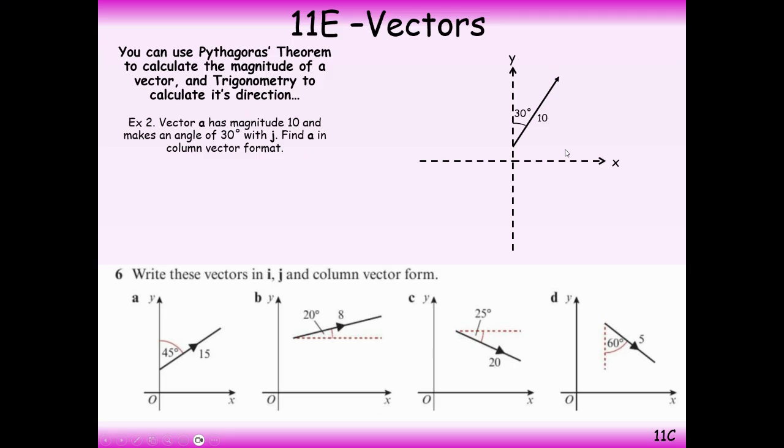So you're going to have to use your right-angle trigonometric ratios to figure out the components of the vector. Components means how far it goes in the i direction, and how far it goes in the j direction. Component-wise, this is the opposite of the angle. Opposite divided by hypotenuse is sine.